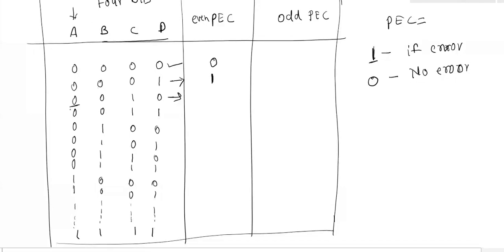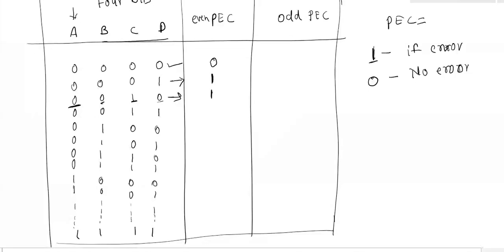You can look at the first bit, which is the parity bit sent by the sender. As it is a 0, the actual data has an even number of ones. But here you can see only 1 is available, means there is one bit of data loss, either at this place or at this place. So the error is generated, and when the wrong data is received at the receiver side, the even parity checker is generating an error by the bit PEC equal to 1.